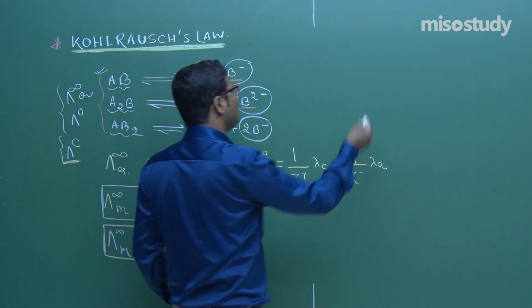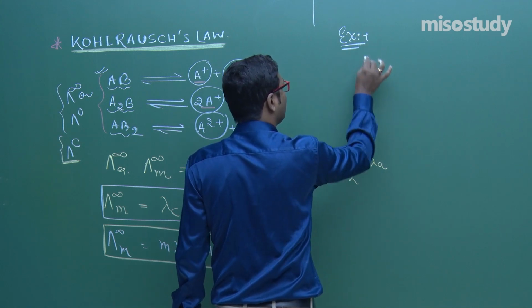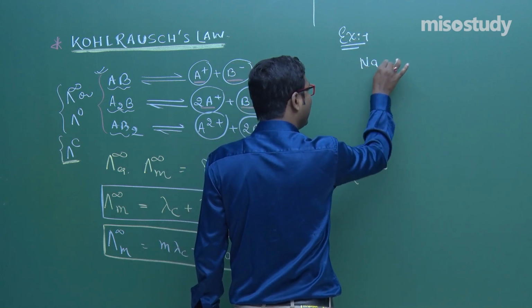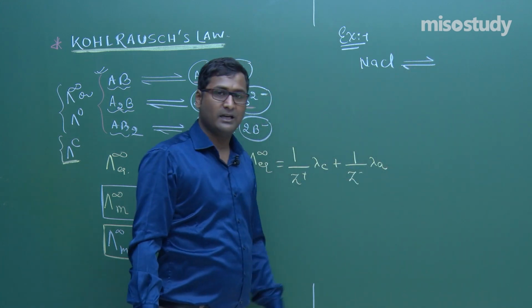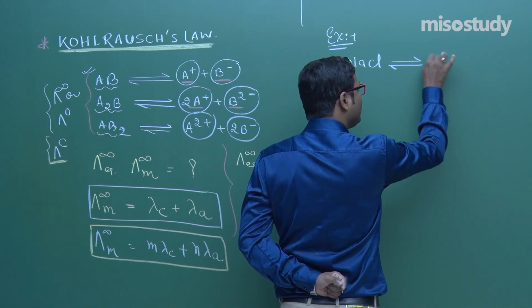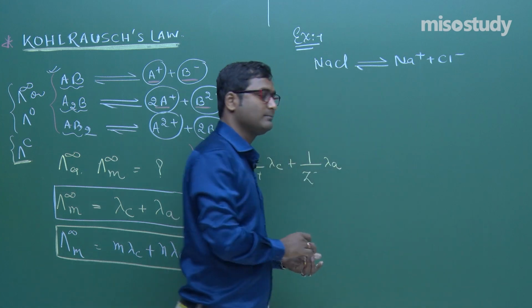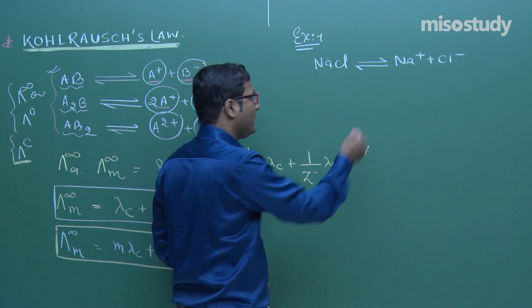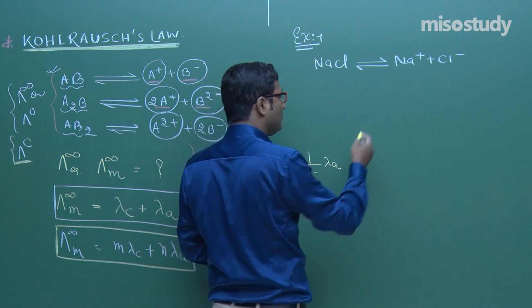Now we will do a few examples so that you can easily understand the topic. Suppose I write here NaCl, my friend. What am I telling? NaCl. Now what will happen? It will dissociate like this, Na plus and Cl minus. Now here the value is 1, nothing other than 1.